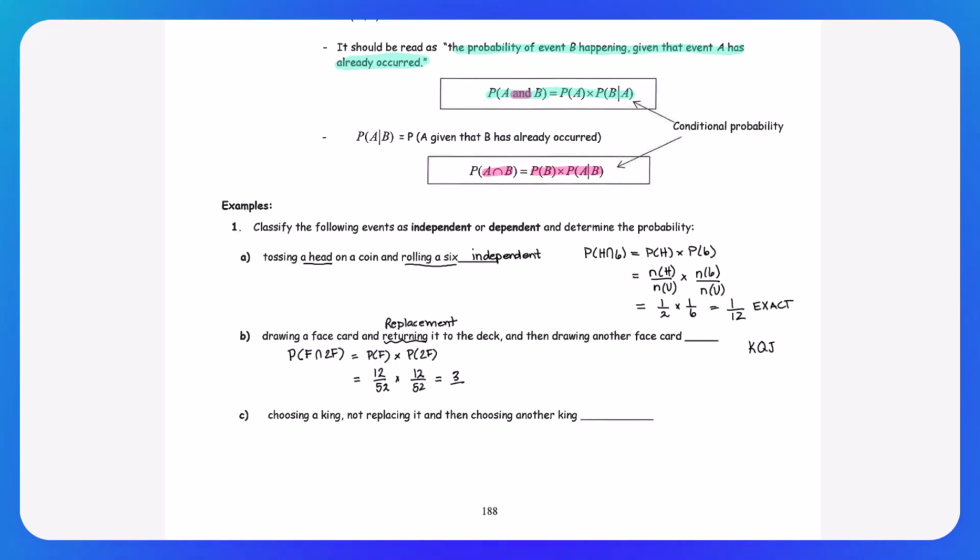That's 3 over 13, because there are 13 cards in a suit. And we're going to multiply that by 3 over 13 again. And that's going to give us 9 over 169 as an exact value. So that one there, because it's replacement, oh, we didn't write it down, that is an independent event.